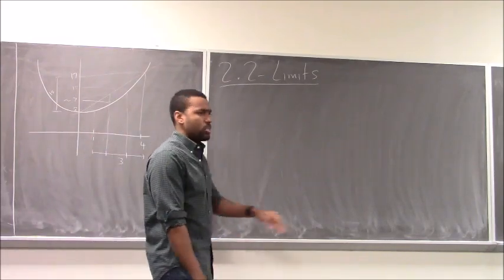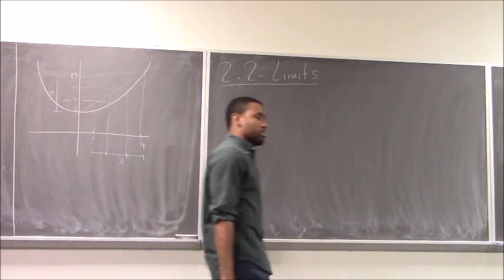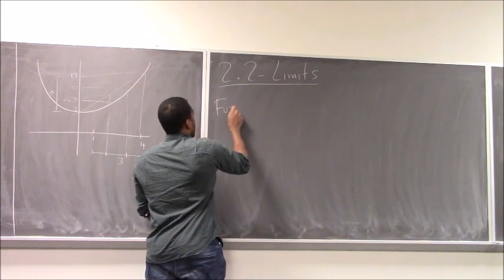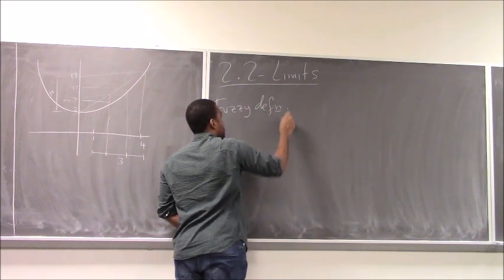Here's a definition. This is the formula, and you'll have an idea in the background of why it has to be the way it is. So let's start there. Not the official definition, but here's a fuzzy definition of what a limit is.